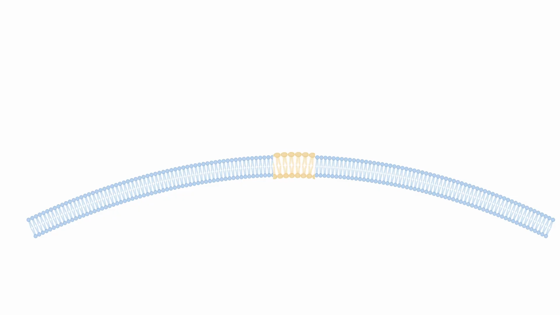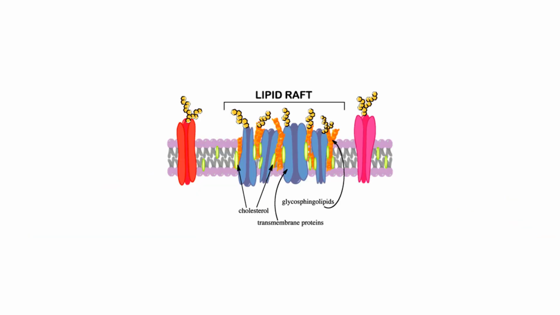Also, on the cell membrane, there are some small domains which are much more rigid and thicker than other areas. This area is called a lipid raft. This is like a raft floating around on a water surface. This lipid raft structure has proteins embedded. Also, cholesterol is embedded here.